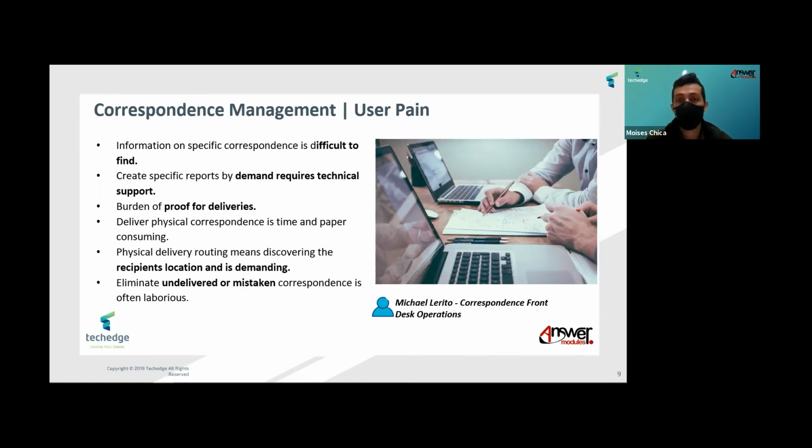Sometimes when a correspondence or communication is lost, it will be them who will be asked for proof. They hold the burden of proof as well. So they need to find information very fast. They need to trace those movements because they have the responsibility.